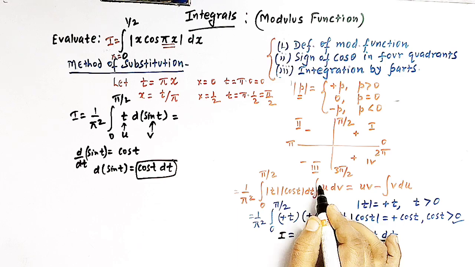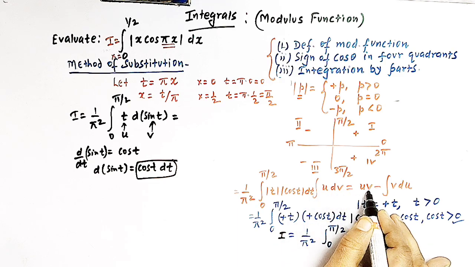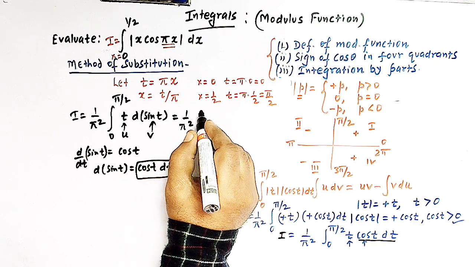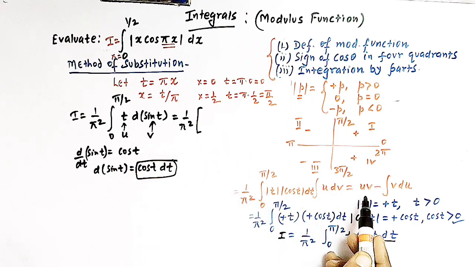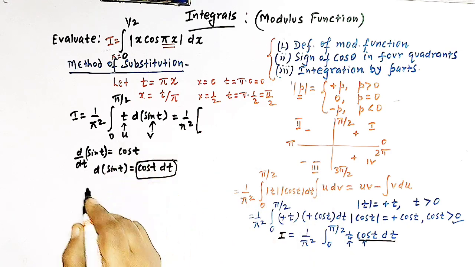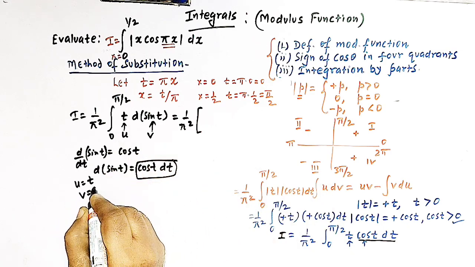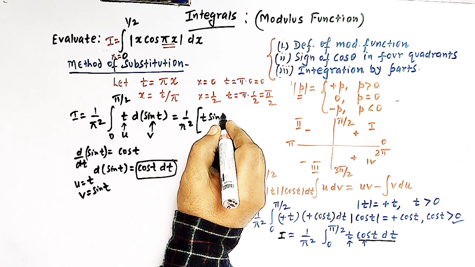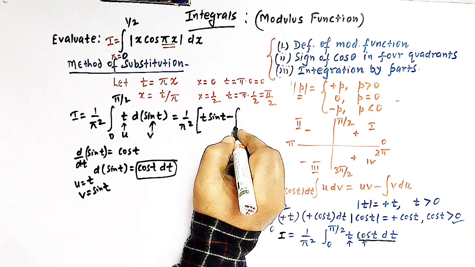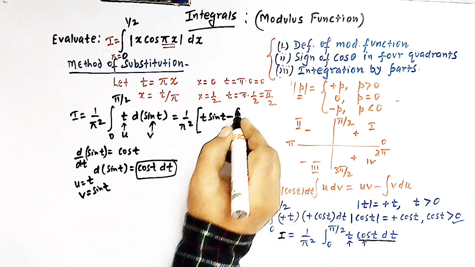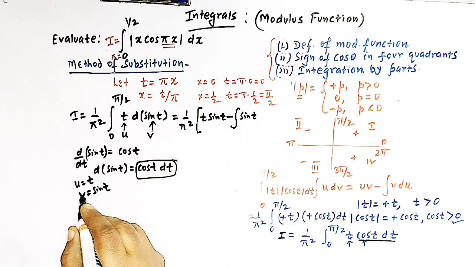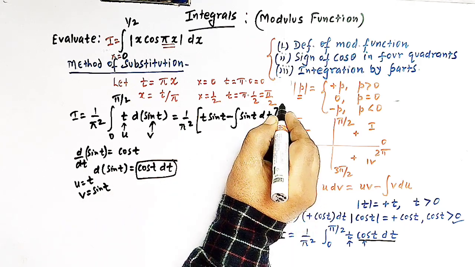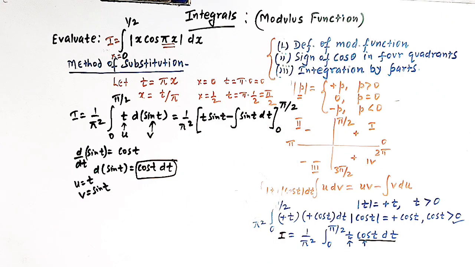So now we can take this function as u and this function as v, right? So using integral u dv is equal to uv minus integral v du, we can now write 1 over pi square, and then we have u times v. So u is t and v is sine t, right? So we have t sine t, and then we have the integral, that is v du. So v is sine t and du is dt, and the limits of integration are from 0 to pi by 2.